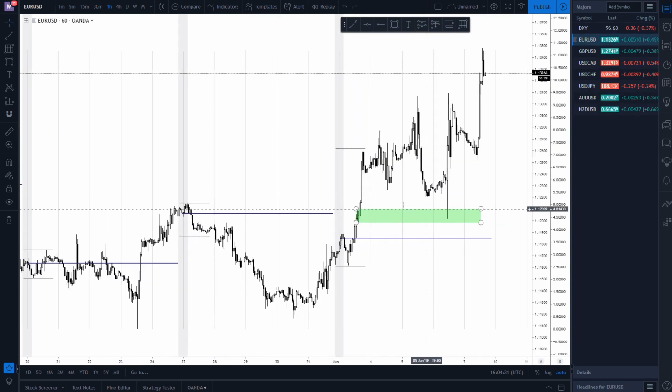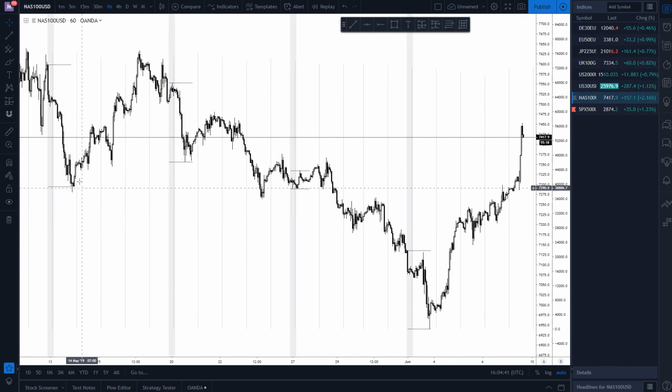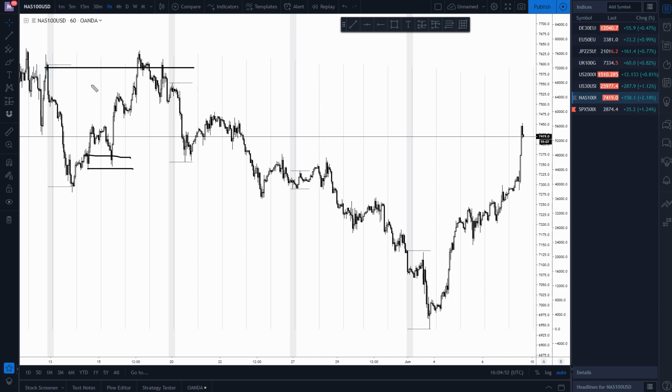If I compare this with the euro right here, price was still pushing higher, or at least trying to, but on the Nasdaq the Monday low was also the low of the week, so your high probability trade here would be a long inside this demand, for example. Then just playing these levels, your target could be the weekly open.